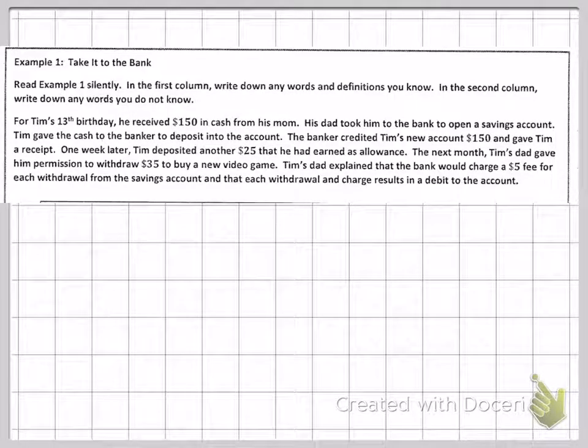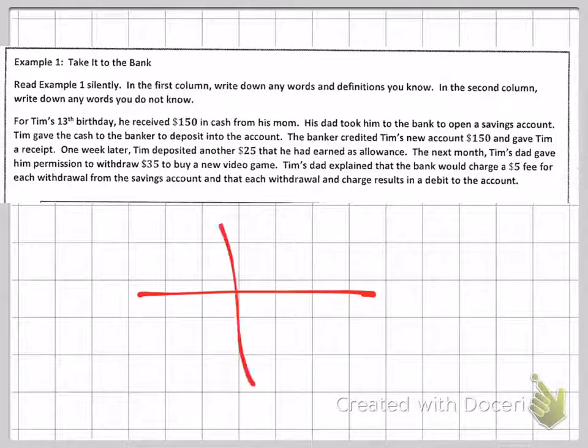Okay, so first example here is example one. Take it to the bank. So I can read this for you, or you could just put it on mute. But in example one we're going to write down words and definitions, and we're going to create a two-column thing. So in your notes, the first column will be words you know what they mean.